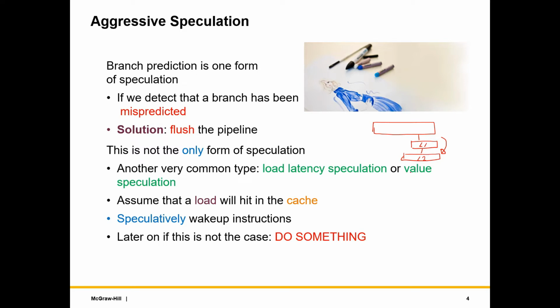Similarly, we can also predict values. Recall that for read after write dependencies, which were true dependencies, we have not done anything. We said that it's a read after write dependency. We have a producer, we have a consumer. The producer produces the value, the consumer consumes the value. We have nothing to do. That was our stand.